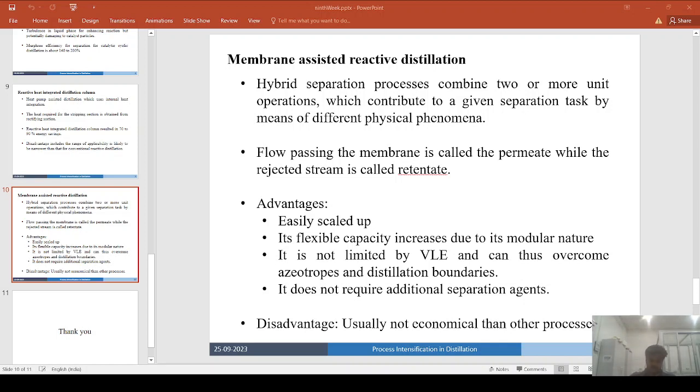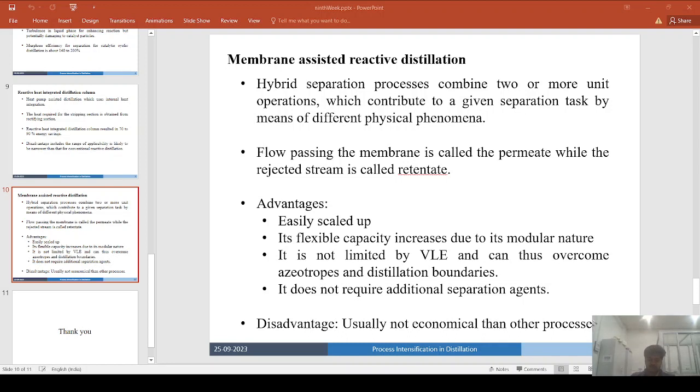In configuration A, the feed mixture is separated until a separation boundary occurs, for example a low boiling azeotrope which exits as distillate. Configuration B consists of a membrane at the bottom, if a homogeneous catalyst containing some reactant needs to be recycled into the reactive distillation via retentate recycle.